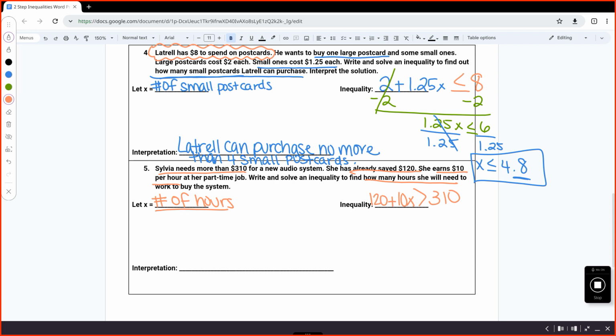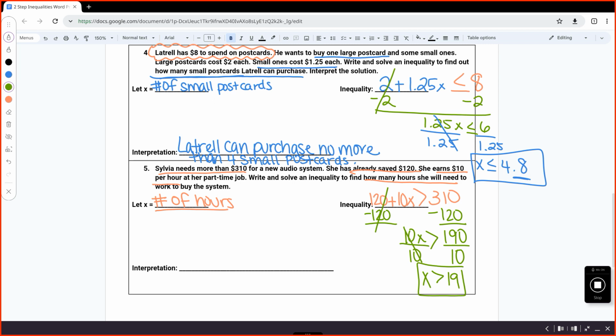Now we can start solving. So we're going to start with the constant. The constant is 120. We are going to do the opposite, which is minus 120. So 310 minus 120. These cancel out. You're left with 10x is greater than 310 minus 120, which is 190. Then you're going to divide each side by 10, and you get x is greater than 19.